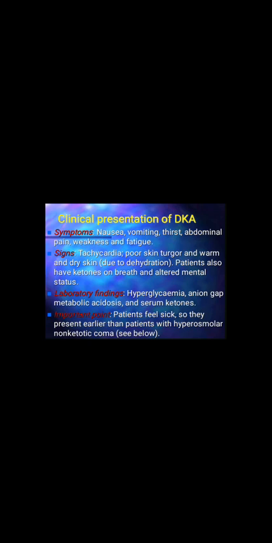Patients also have ketones on the breath, so they have that kind of sweet smell on their breath. In the laboratory findings, of course, we shall find high glucose levels in blood, that's hyperglycemia. We shall get an anion gap, metabolic acidosis, and serum ketones.